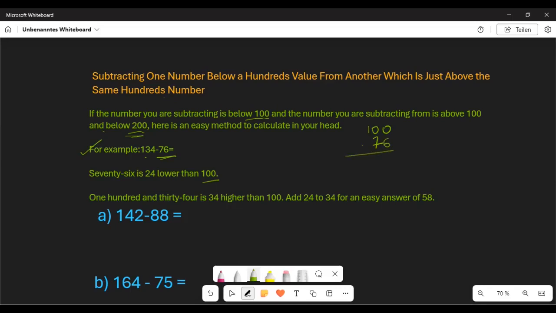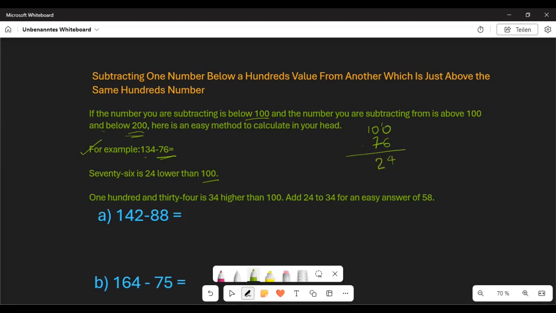The simplest way is to take the first digit, which is 0 here, and subtract it from 10. So 10 minus 6 will give you 4. Then the next digit you subtract from 9, so 9 minus 7 is going to give you 2.